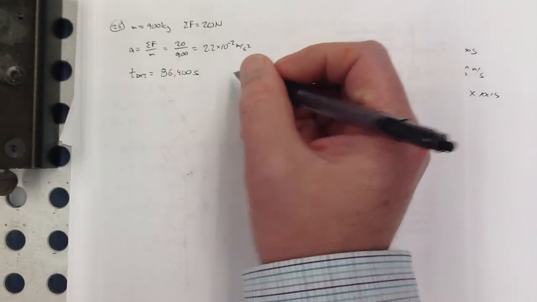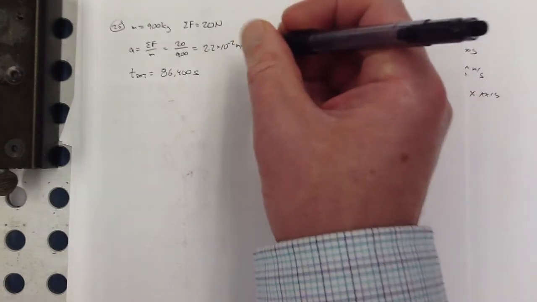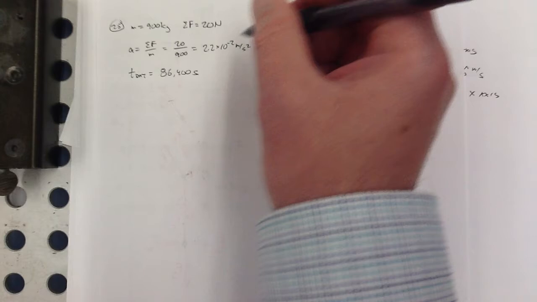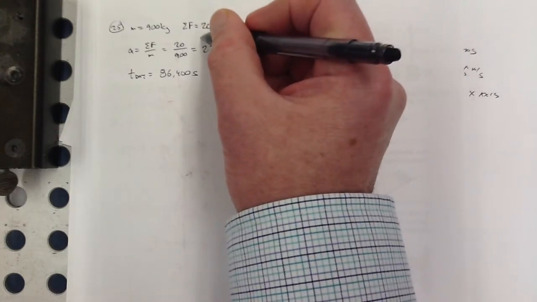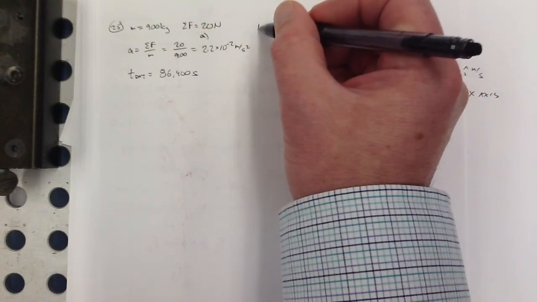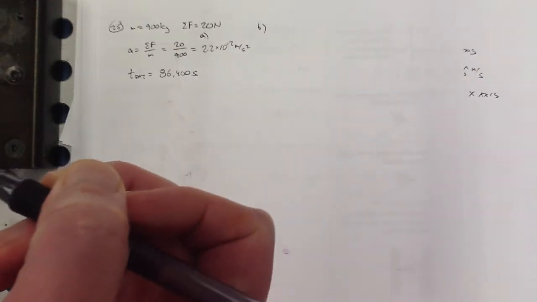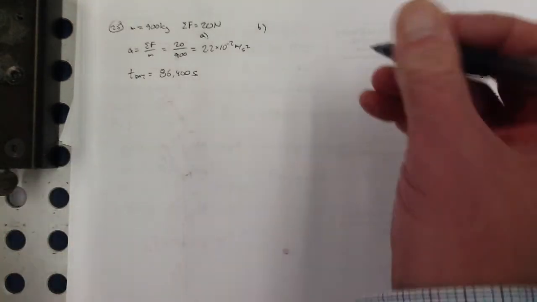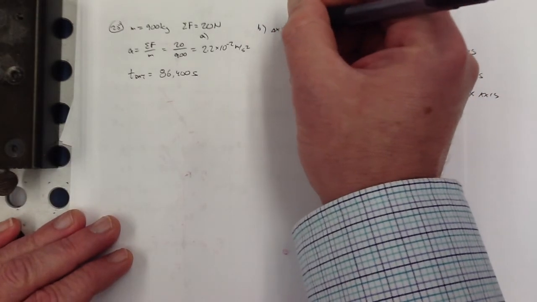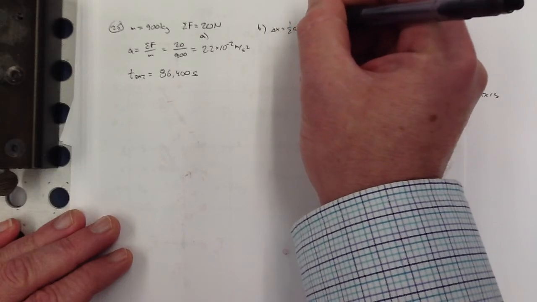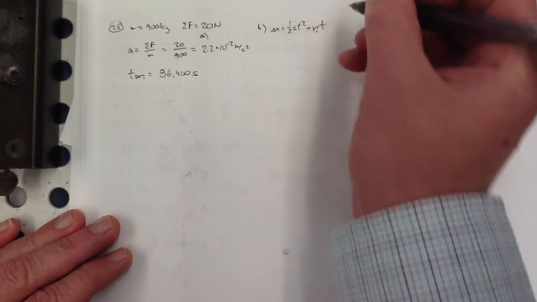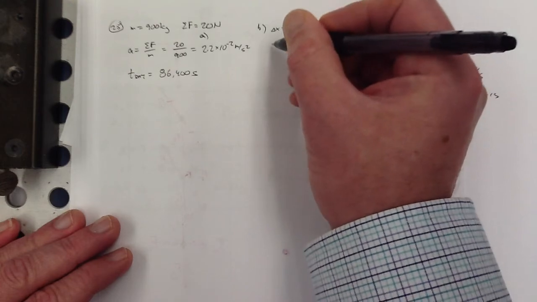So that means that if you want to know how far, I guess this is the answer for part A here. For part B, how far does it go? Yeah. So delta x is equal to 1/2 a t squared plus v_i t. It starts from rest, so that's going to be 0.